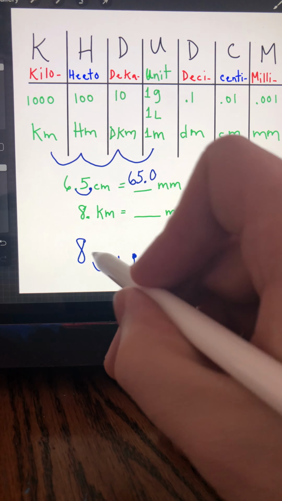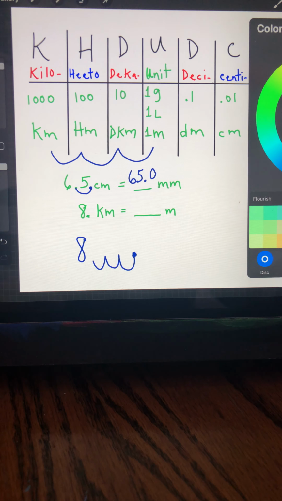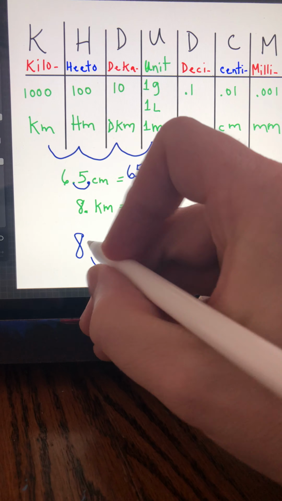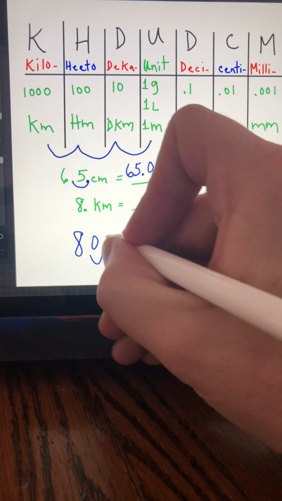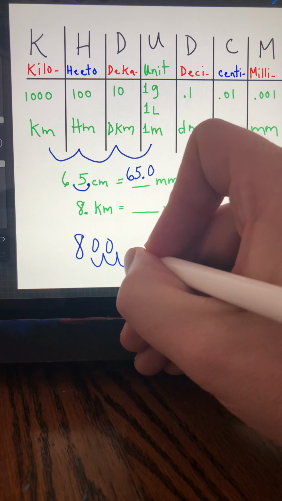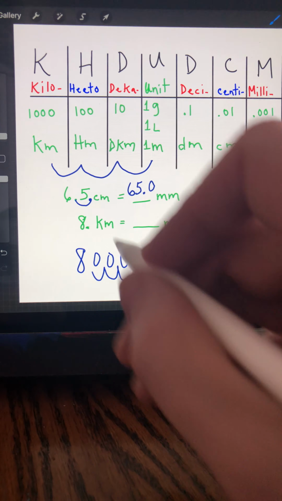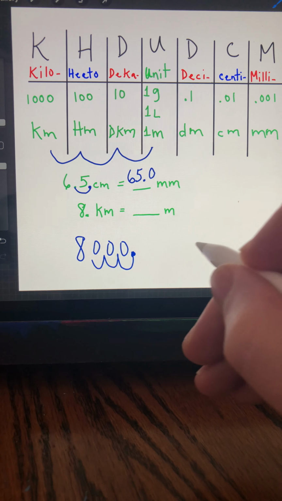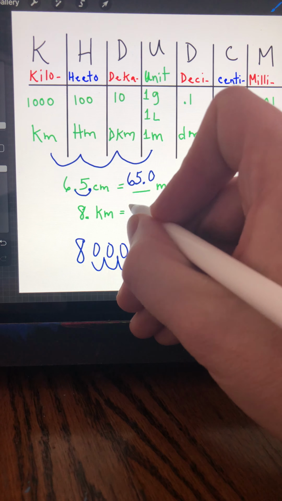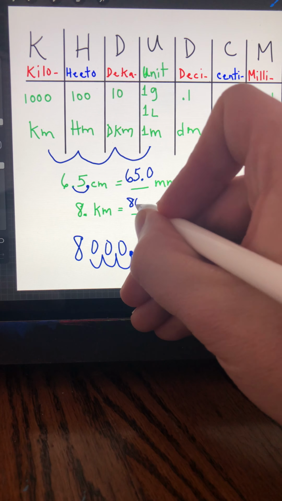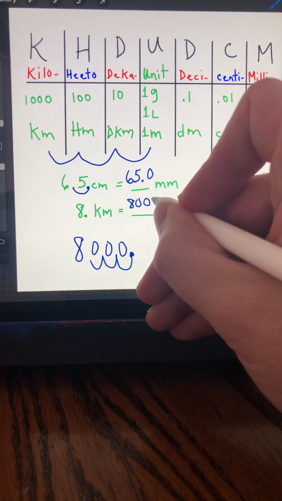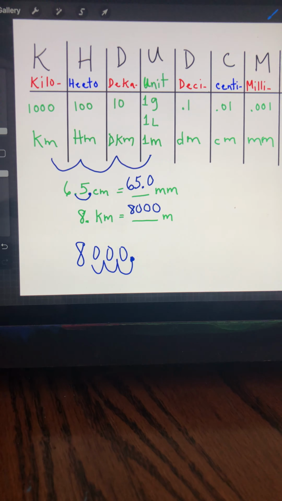Now, what do I do with all these gaps? I put in placeholders. So there goes a 0, and a 0, and a 0. So now I just found out that 8 kilometers is the exact same thing as 8,000 meters. They're equivalent.